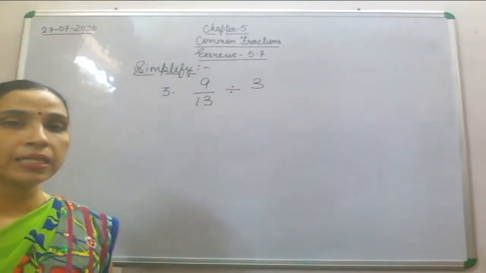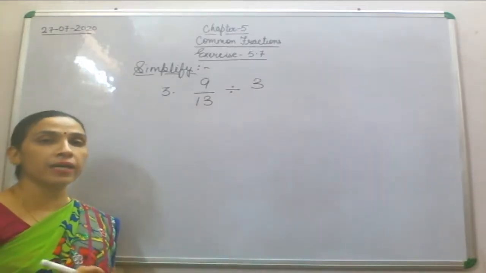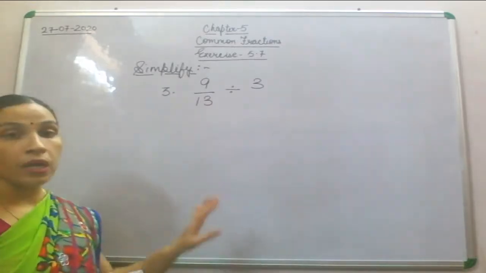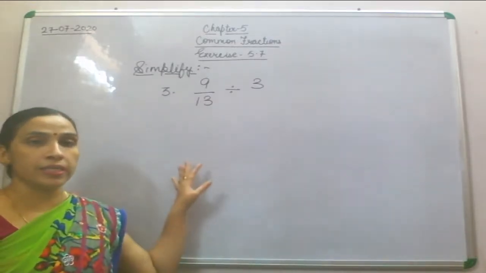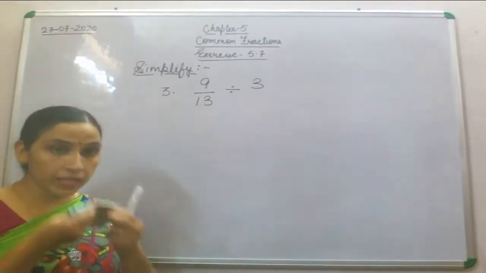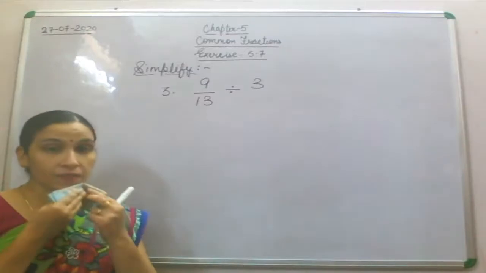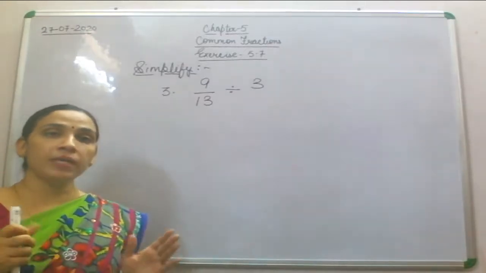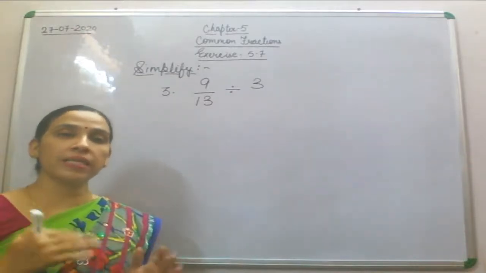So let's start this question. 9 by 13 divided by 3. Now here you can see this fraction. What kind of a fraction is this? It is very important to know each and every kind of fraction, and you have to revise it again and again.